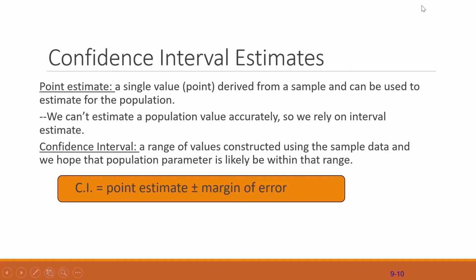And therefore, it is not really a good idea to just use the sample average as if it were the population average. We call the sample average a point estimate because it's just one number. It's one point along the number line. It is a single value derived from the sample. And it is not equal to the population value.